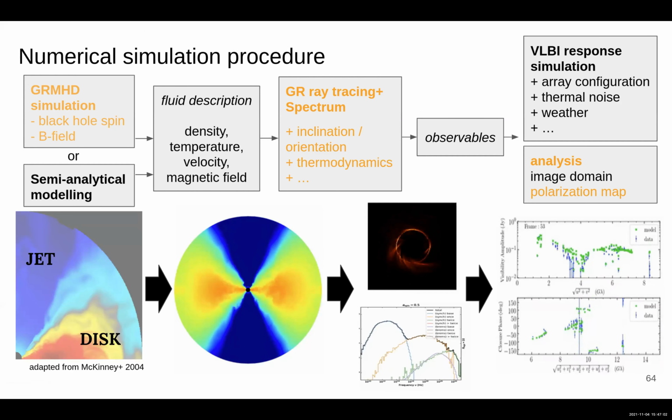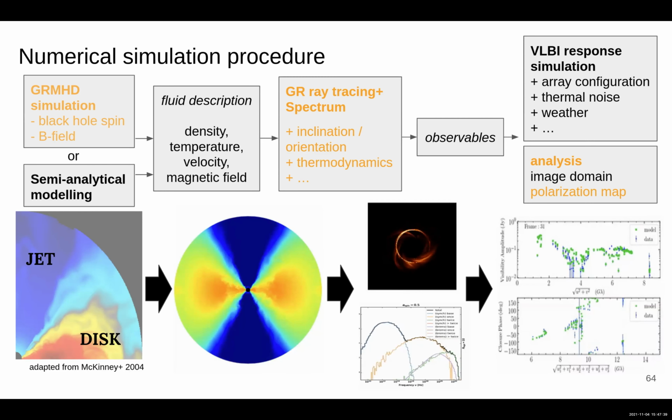GRMHD is general relativistic magnetohydrodynamics, and these are, as I'll describe in a sec, just forward simulations of the equations from first principles, starting from a torus and ending up with a disk accretion state, just some sort of steady state accretion. And so they output 3D distributions of what are called the fluid primitive variables: density, temperature, velocity, and magnetic field.